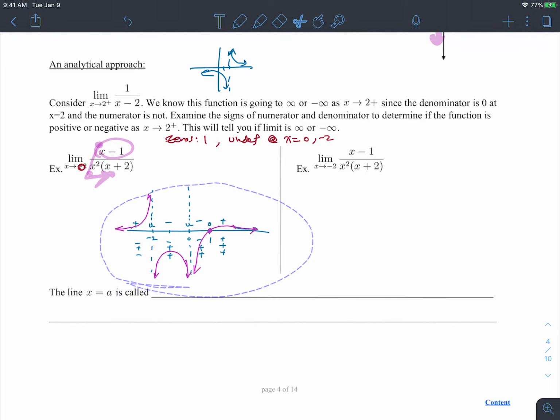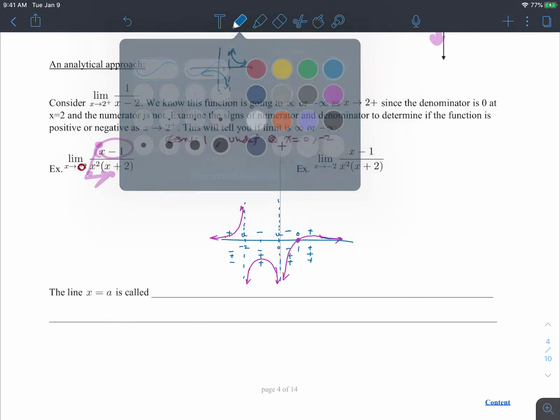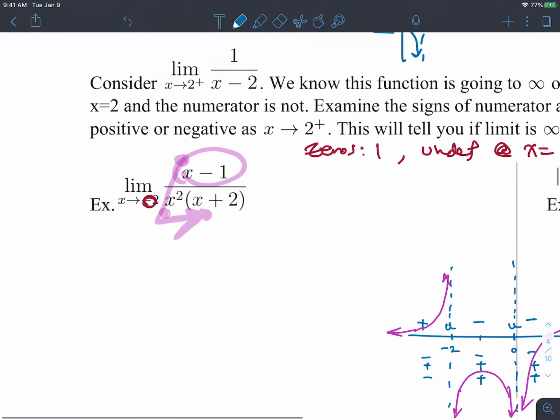Okay. Now, so that's what I did. Let me shift to put it right there. Now, what you can do is try to plug in. The alternate way of doing this is to try to plug in a number that is very, very close to 0. For example, you could get away with plugging in 0.01 and then -0.01.